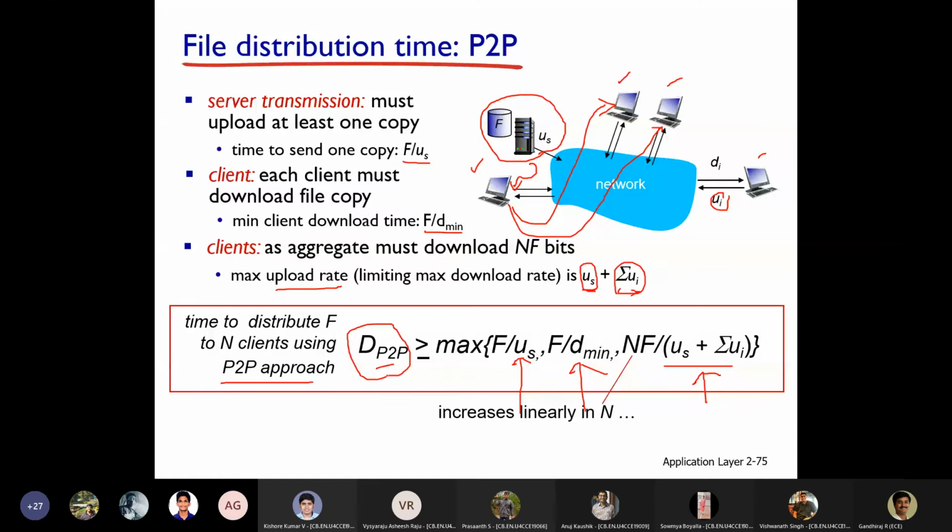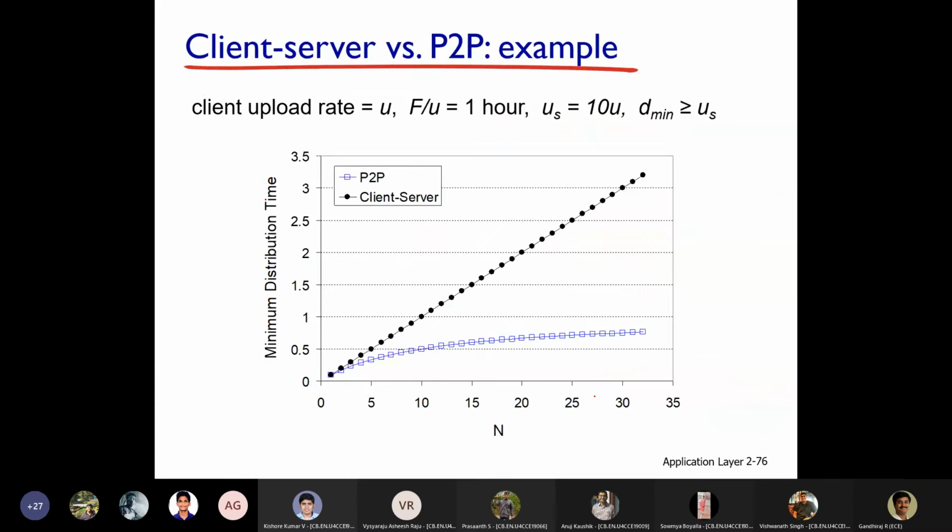Now we are going to see that these two increase linearly in N. But as each peer brings service capacity, we'll see this very important point here. The client upload rate is u, F divided by u is equal to, assume, 1 hour, US, the server upload rate, is equal to 10u, and dmin is greater than or equal to US.